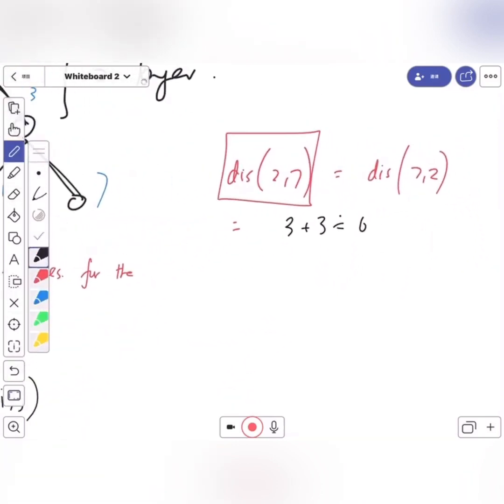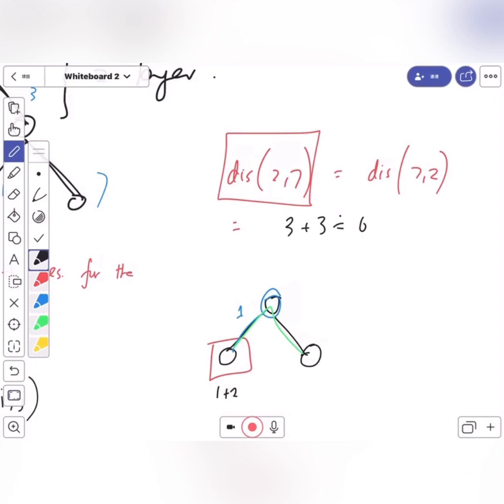So let's do a two-layer binary tree for fun to find how many there are. Let us first count from this node. We have to go once to reach this node, but we need twice to get to this node. So basically for this one it is just 1 plus 2.